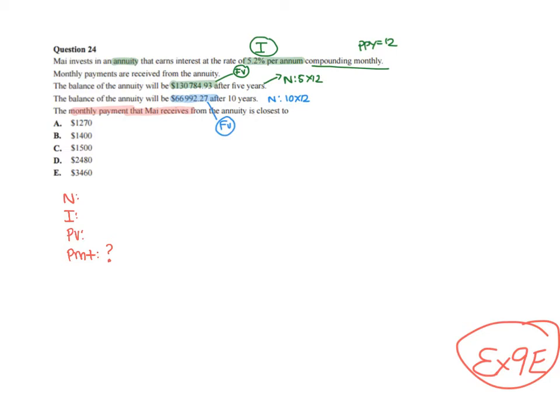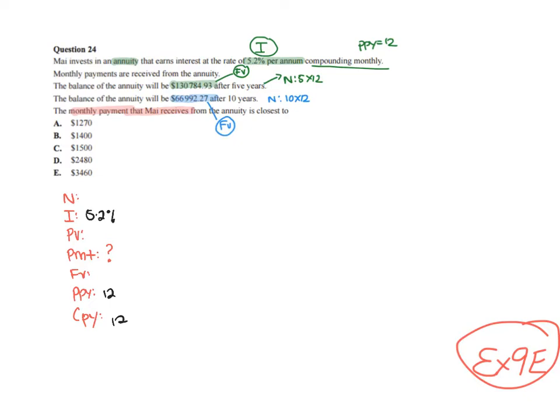For sure. Then FV, and what comes after that? PPY and CPY. All right, so I definitely know the interest rate is 5.2%. I know PPY is 12 and CPY is 12, and PMT is the question.